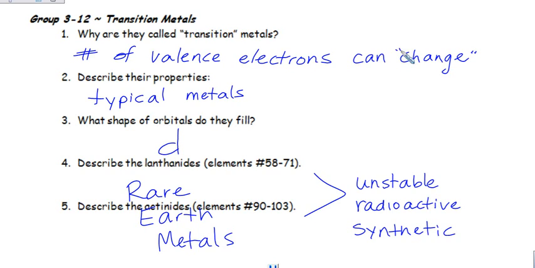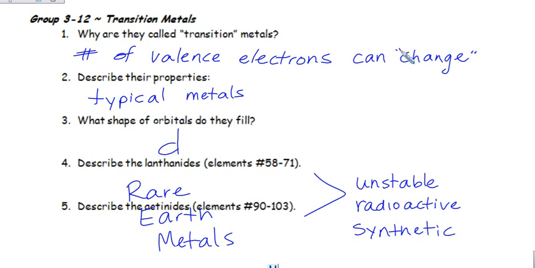We're filling high energy, unstable d orbitals. The electrons in these orbitals, on occasion, tend to move. And so sometimes it's hard to really say, there's 3 valence electrons, there's 2 valence electrons. We may not know at any given point in time exactly how many valence electrons are in that outer shell. That's why they're called transition metals.